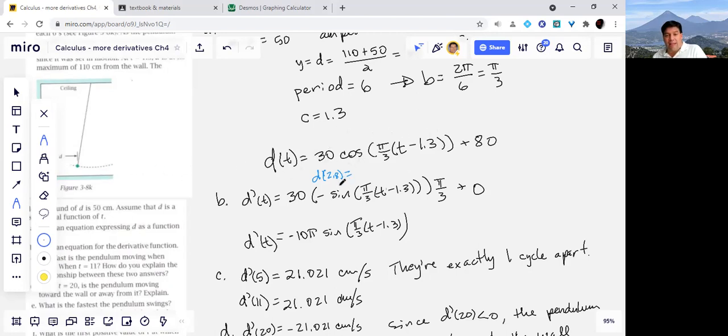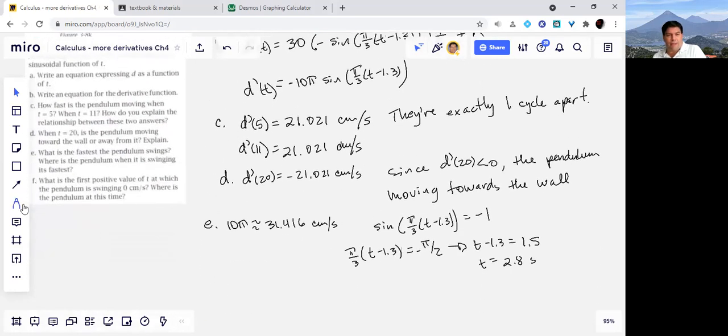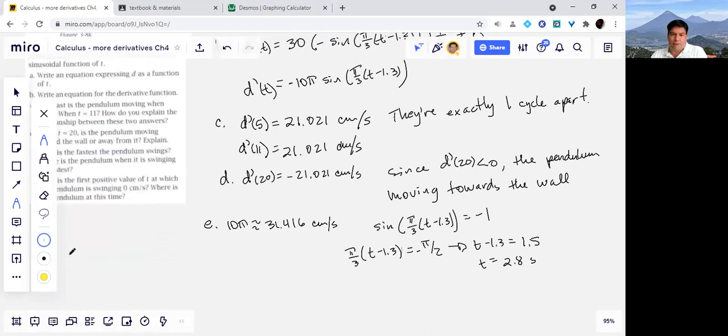So if it's 80, that also means that it's exactly in the middle because it's the midline, the half distance between the maximum and the minimum. So it's when the pendulum is at its lowest. But the question was the position. So I will simply say at a distance of 80 centimeters from the wall.